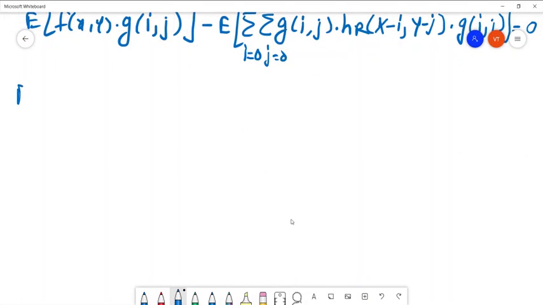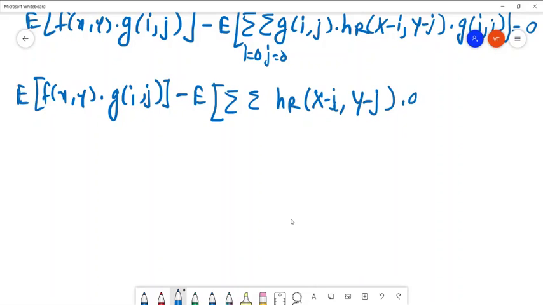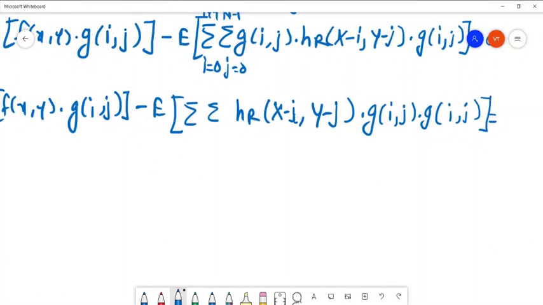Which is written as E[f(x, y) dot g(i, j)] minus E[double summation hr(x minus i, y minus j) into g(i, j) into g(i, j)] equal to 0.